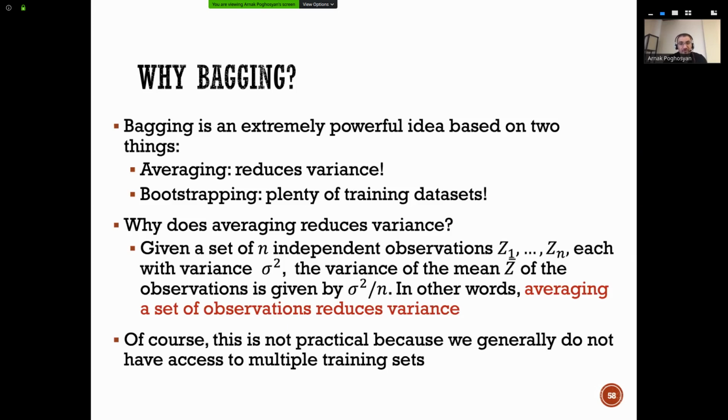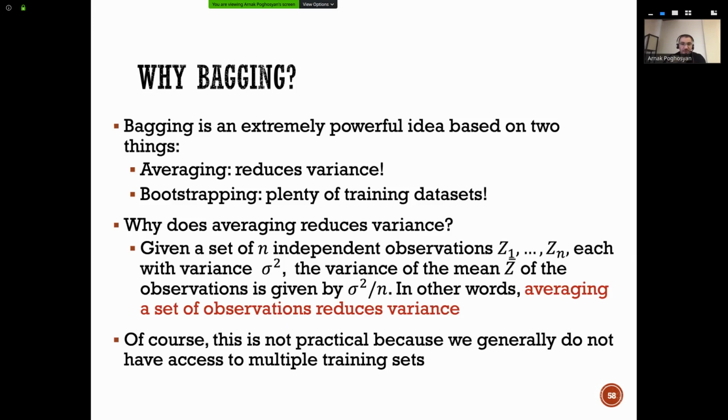When you have only one training data set, bootstrapping gives you new ones, so you have different training data sets coming from the same origin. And when you average based on different training data sets, you reduce variance. This is a universal interpretation of bagging, which is applicable to different approaches, and in case of decision trees it becomes a very powerful approach.